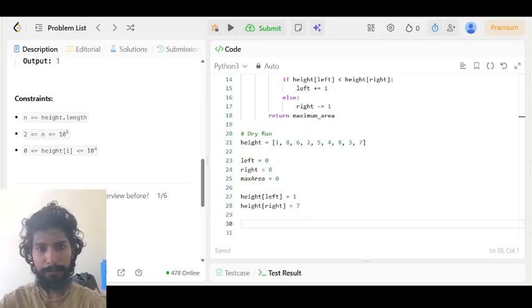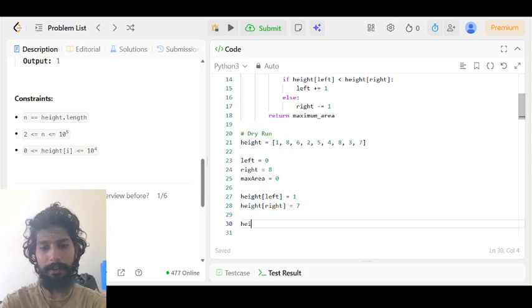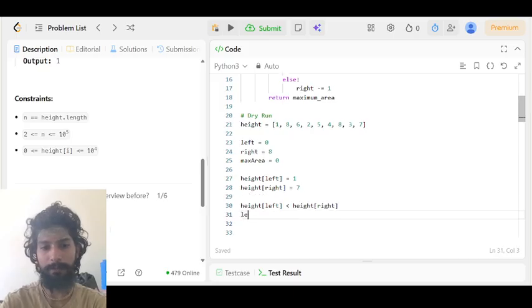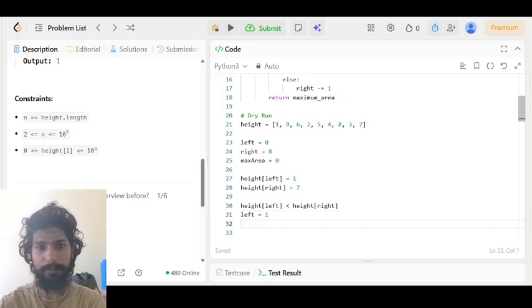So height left is less than height of right, so we'll move the left pointer. So left becomes 1 and right remains the same.